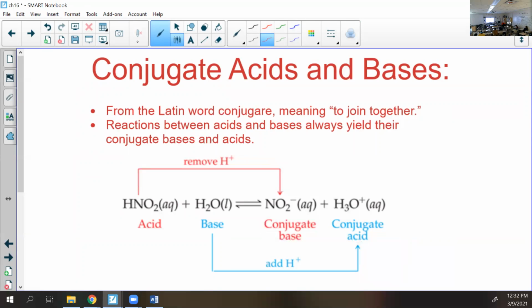Okay. This is an extremely important concept, so make sure that you're okay with this. This is really, really, really important. And that would be the idea of conjugate acids and bases. Conjugate comes from the Latin word conjugare, meaning to join together.